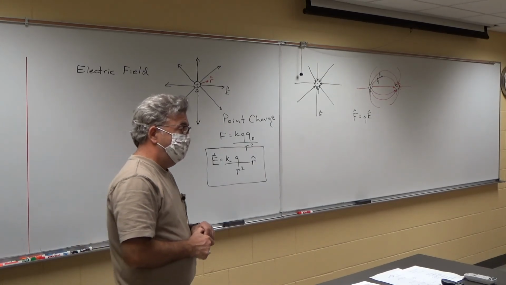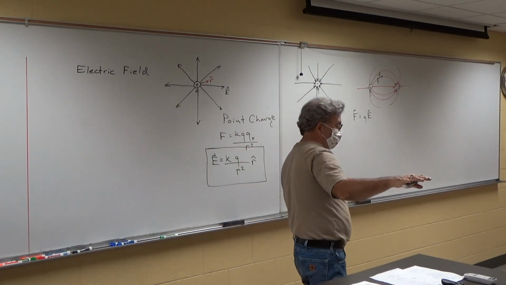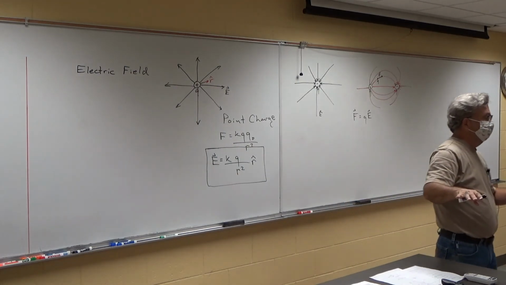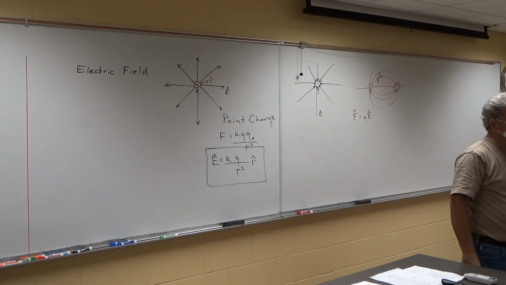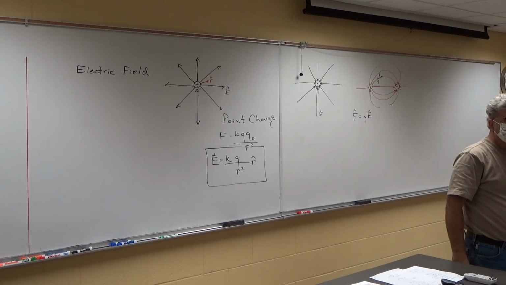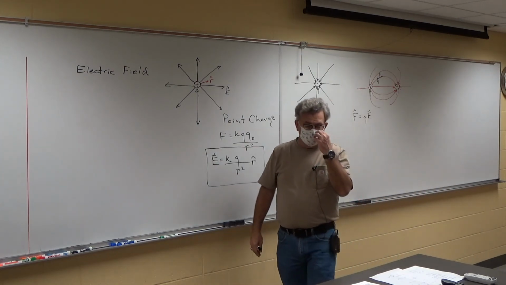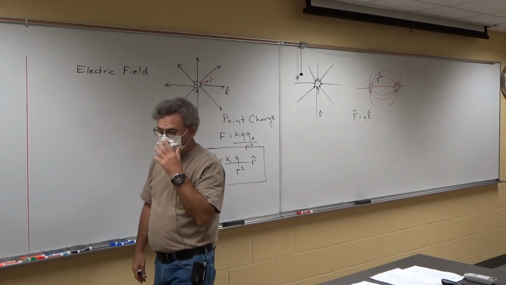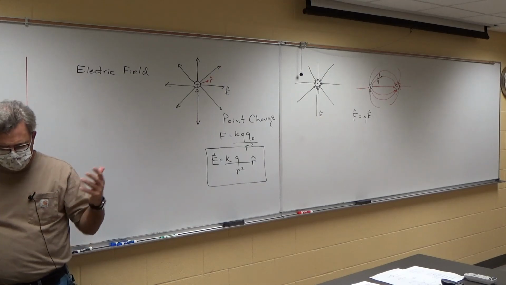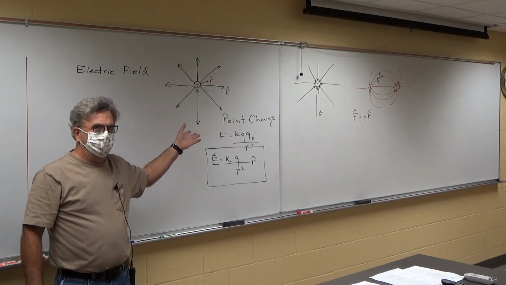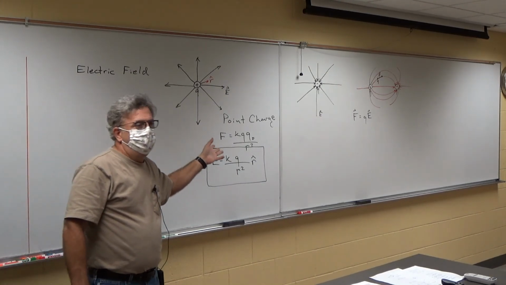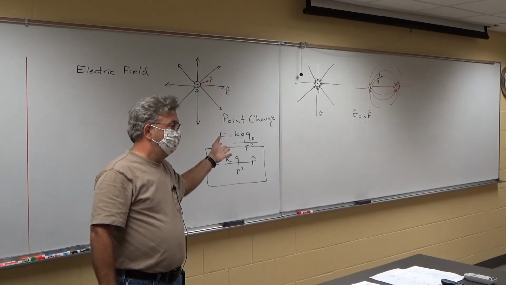Just like if I can write an expression for the gravitational field in this room, then I can place any old mass I want to in this room and calculate the gravitational force. At first, when we start doing that, the first sort of problems we're going to do are not much different than what we did with Coulomb's law.